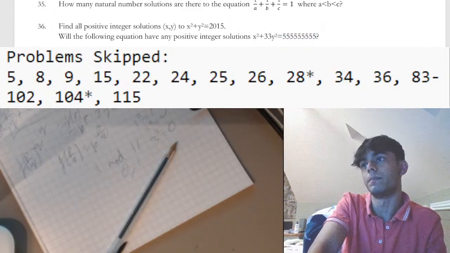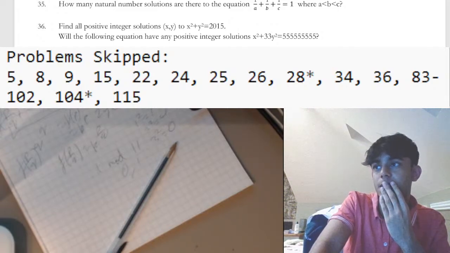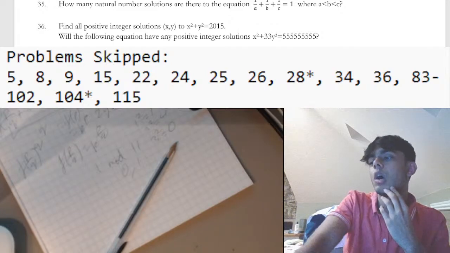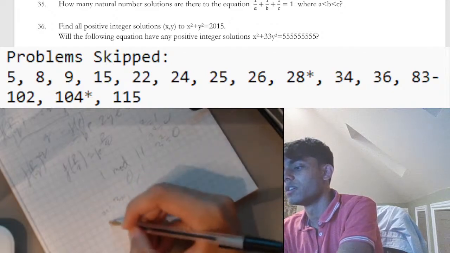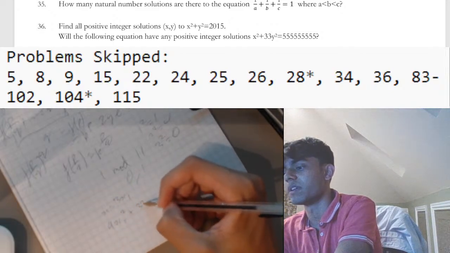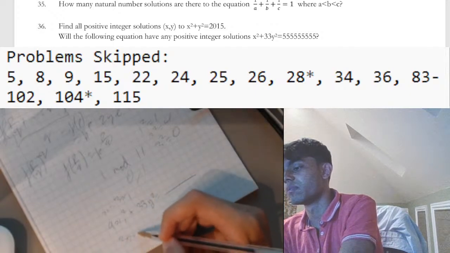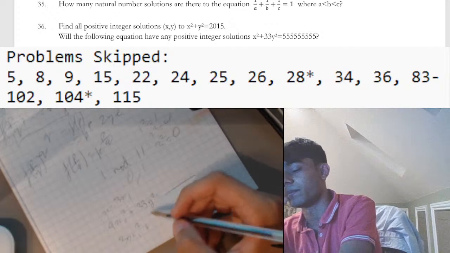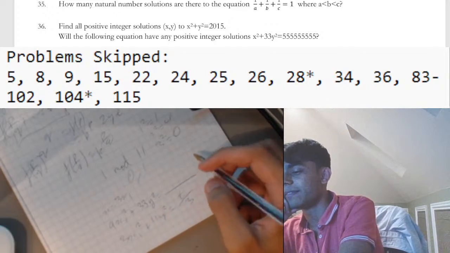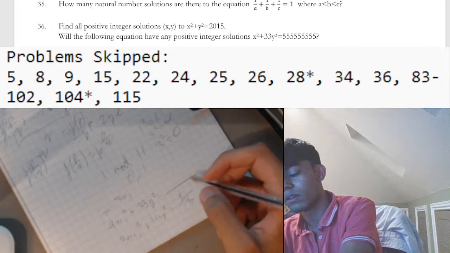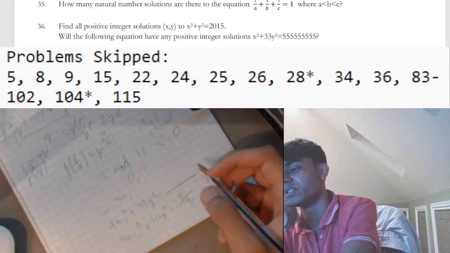So x is a multiple of 3, so x is 3x1. So you have 9x1 squared plus 33y squared is the number. Then you divide by 3, so you get 3x1 squared plus 11y squared is the number over 3. And then y needs to be a multiple of 3, so you get t over 3 is a multiple of 3, which is fine.